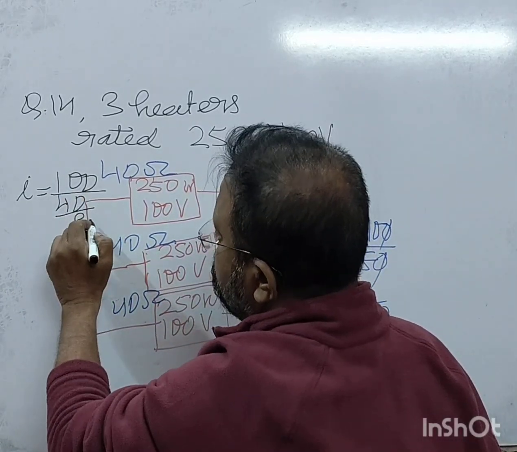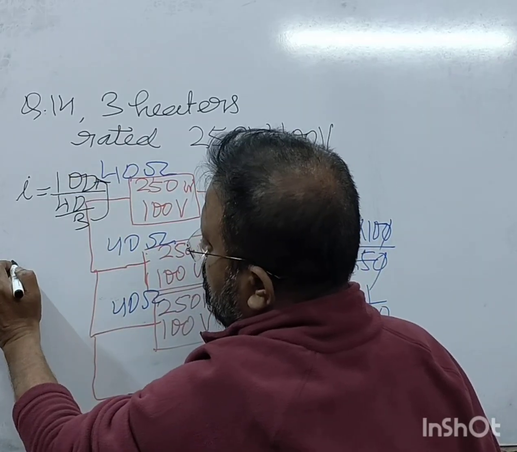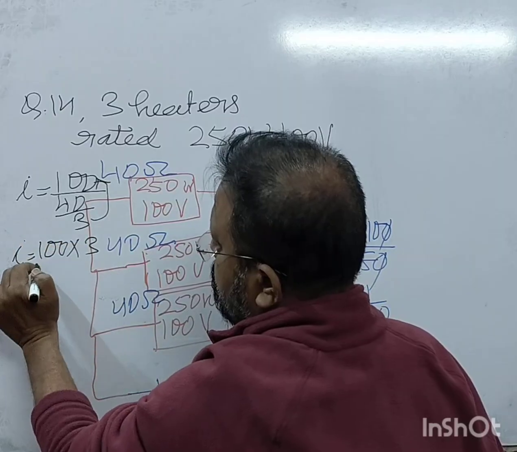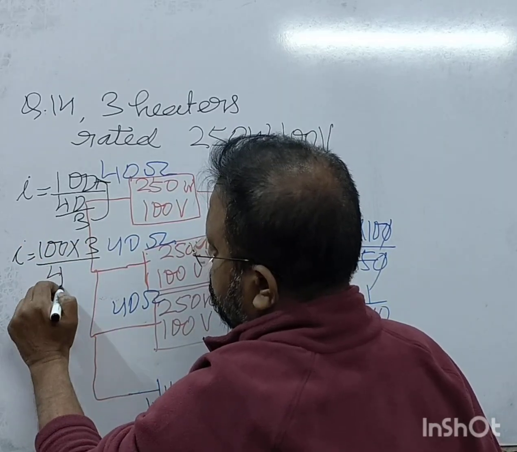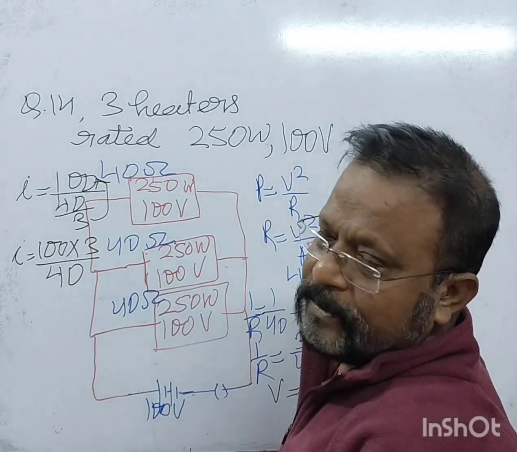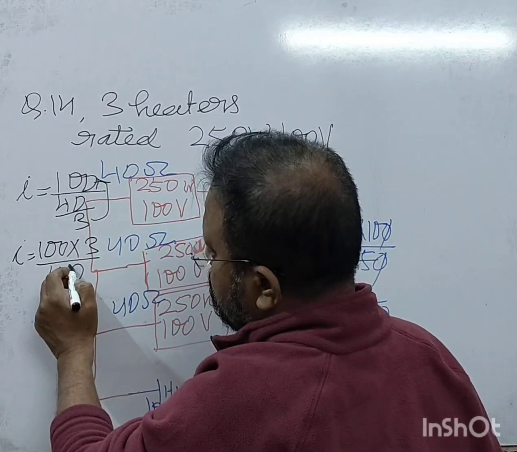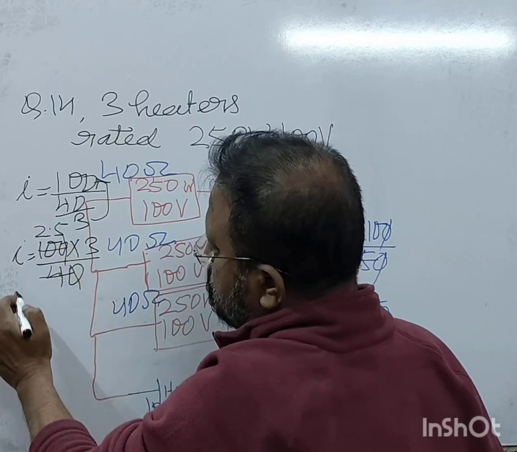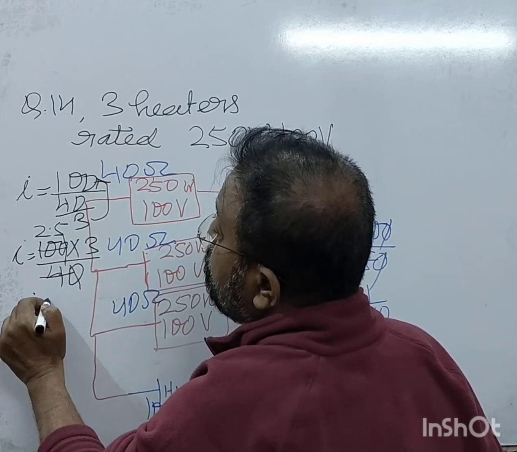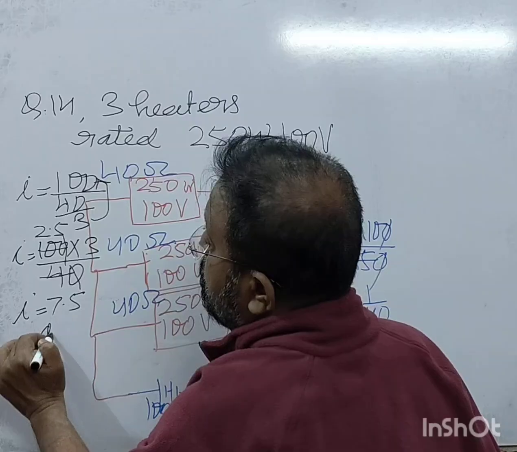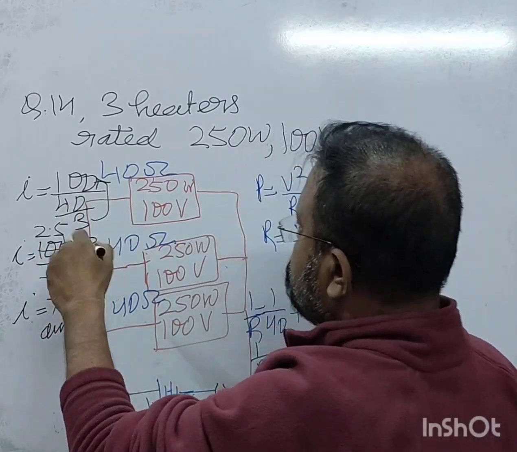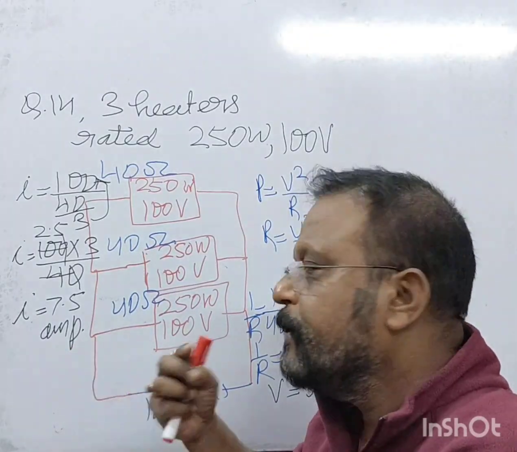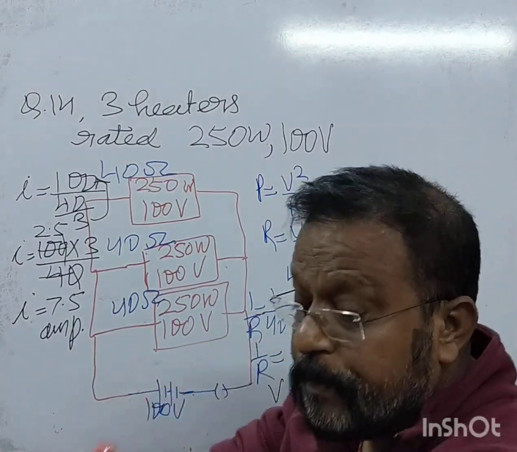So this 3 goes up. I is equal to 100 into 3 upon 40. This 0 and 0 cancel out, and this is 2.5. 3 times 2.5 is equal to 7.5. 7.5 ampere current is flowing in the circuit. So this is the first part we have.